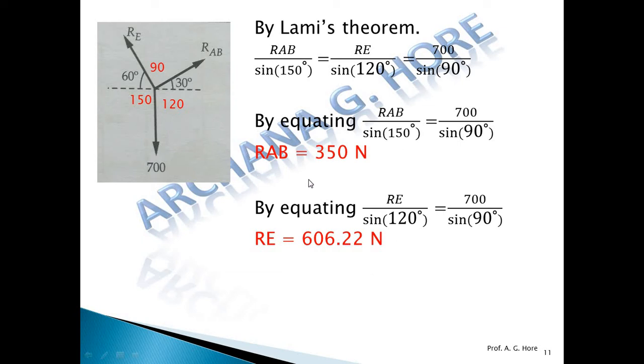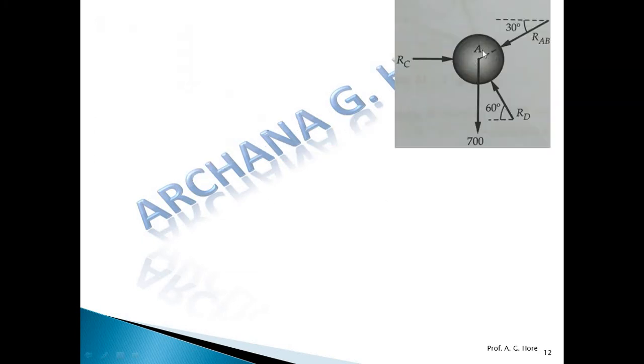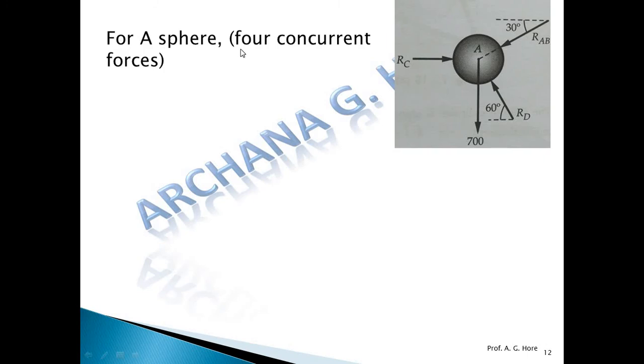Now put this RAB value in for the sphere A and find out the remaining unknowns. Now for the sphere A, RAB is this one, having the same value, opposite in direction, angle must be same. Now for this sphere A, 4 concurrent forces are there. Okay, concurrent forces condition is summation Fx = 0, summation Fy = 0.